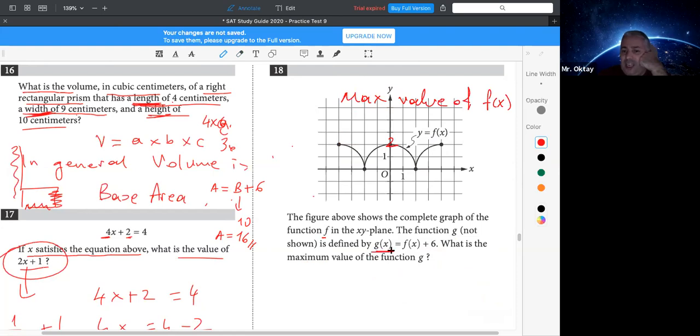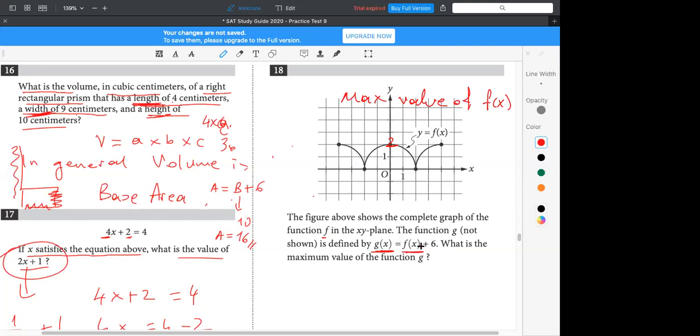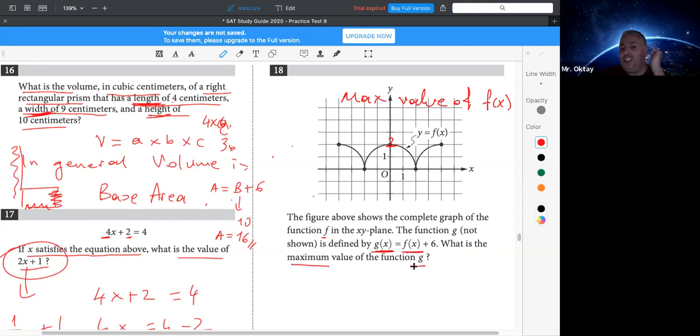Now, what is g of x? g of x is f of x plus 6. And the question is maximum g. Maximum f is 2. So maximum g is 2 plus 6, which is 8.